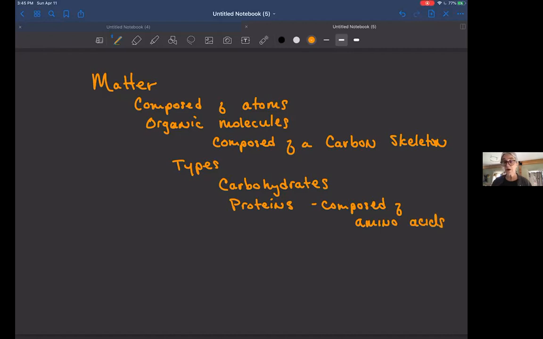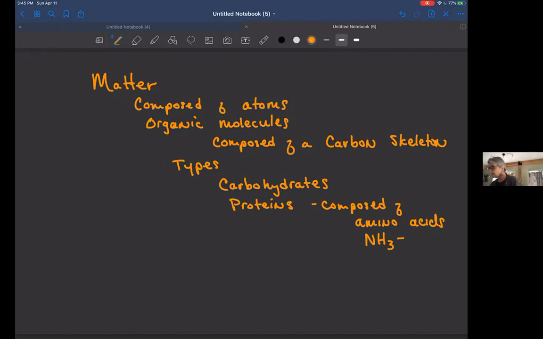And this amino actually is a group that is bonded to the carbon skeleton, and it contains nitrogen. So NH3 is my amino group. And so this is important because in order to build proteins, we need nitrogen as a nutrient.